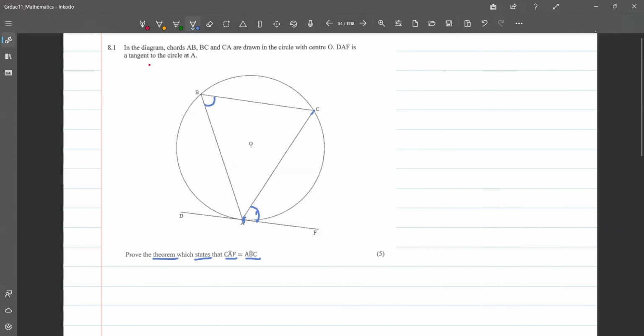To prove this theorem, what you need to do first, you know the steps by now, right? We have to do the construction step. You don't have to write the word construction, but it's advisable to write it so that you remember what you're doing. So under construction, you are going to draw a diameter.